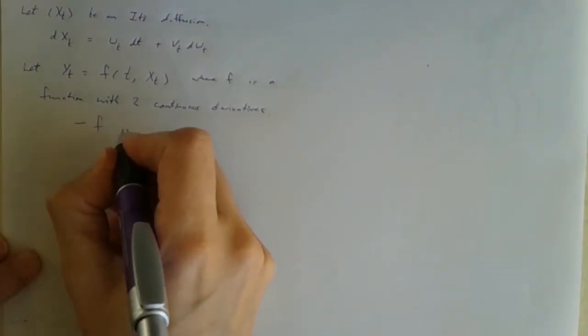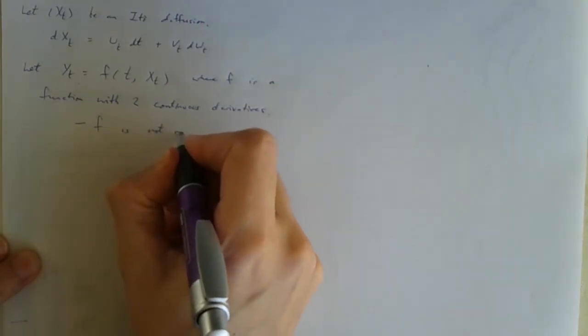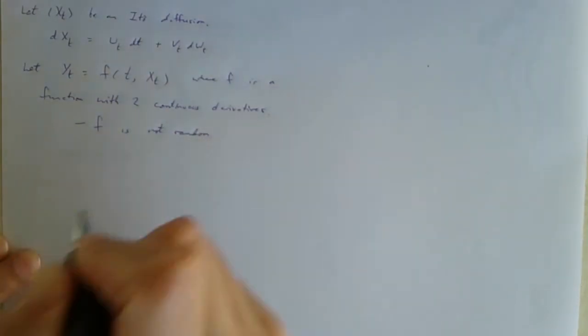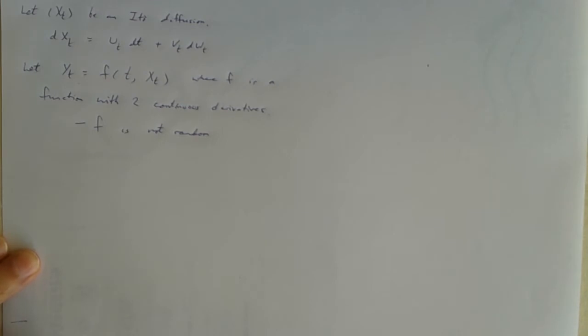In particular, people often get this wrong, so let's emphasize this. f is not random. There can't be any random variables in f.